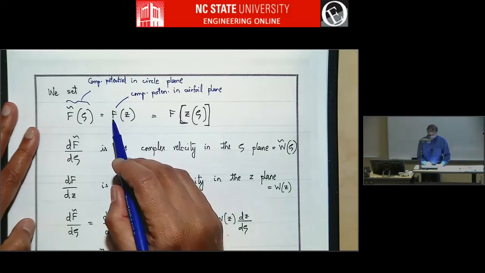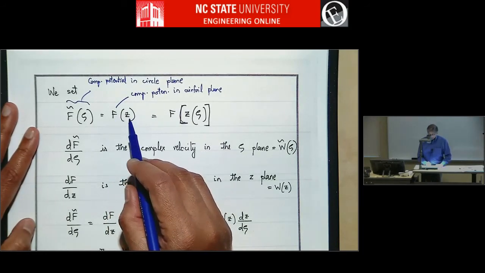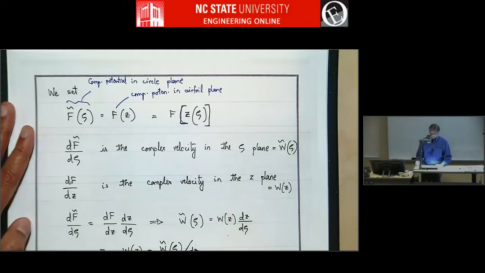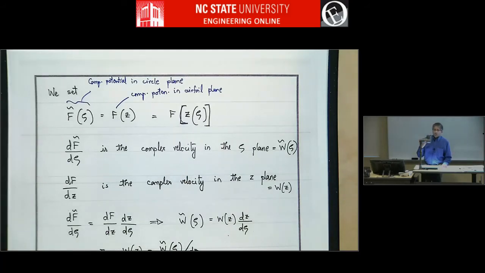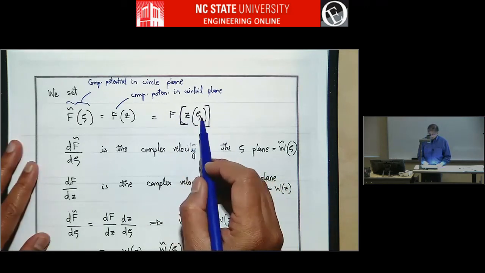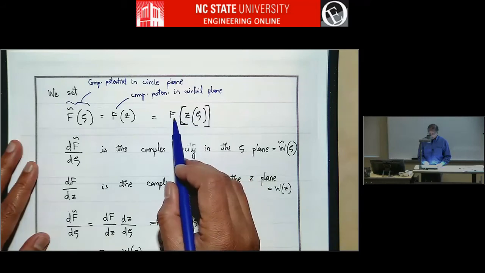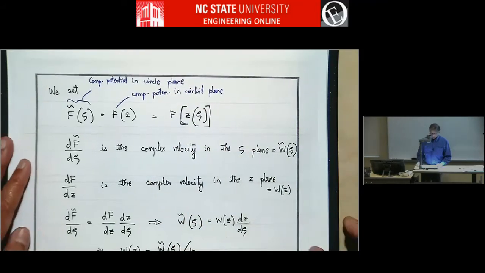So f of z can be written as f of z of zeta. Remember we had a conclusion from, I think it was in the last class, where we said an analytic function of another analytic function is also analytic, right? So that means this is an analytic function and this is an analytic function, so this whole thing is analytic.